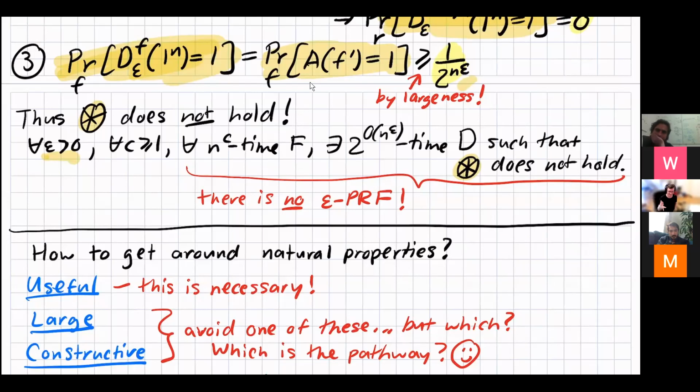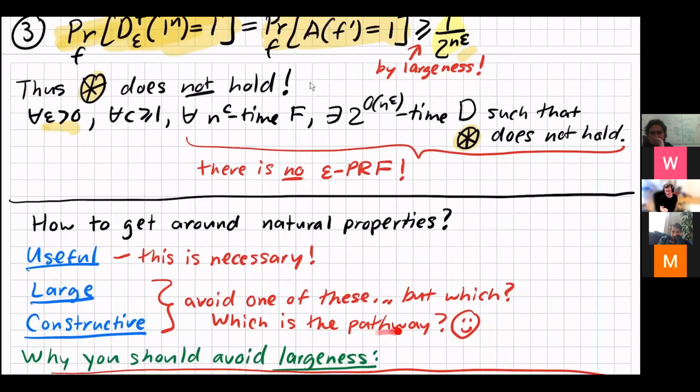Something's got to tell the difference. So you want either to get around largeness, being true of random functions, or being constructive, meaning that you don't necessarily have an algorithm for determining the property. So which is the pathway?